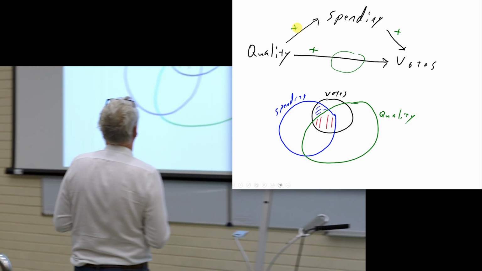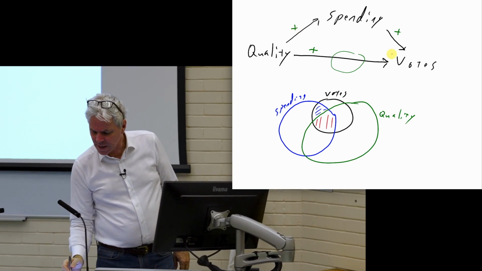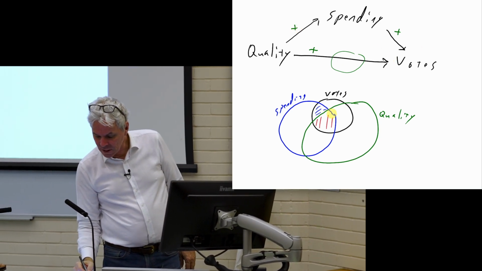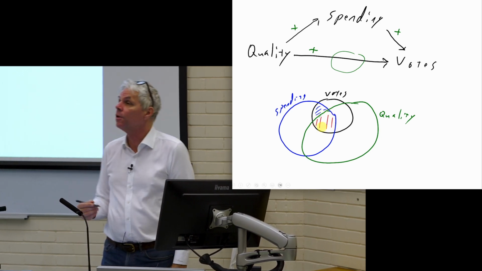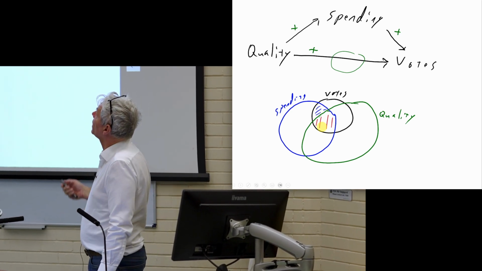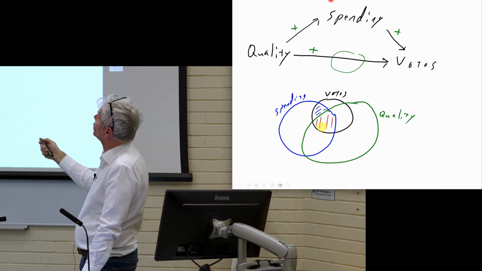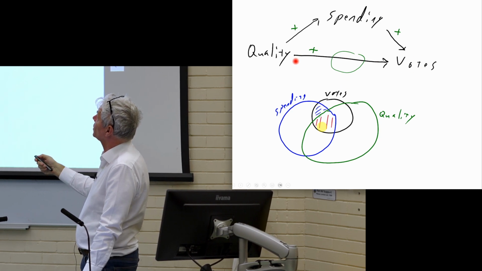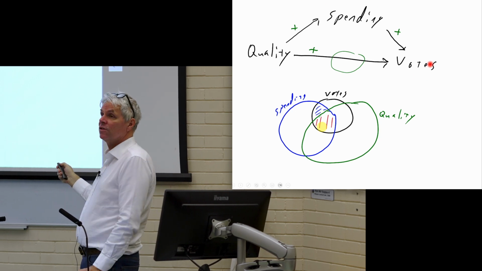And so these guys are moving in the same direction. And so when we leave this out, or when we include this red area, when we're not supposed to, we know that's a positive effect that we should have left out that we didn't, right? It's this effect here. And it's moving in the same direction as this effect here. Quality goes up, increases votes. Quality goes up, indirectly increases votes.